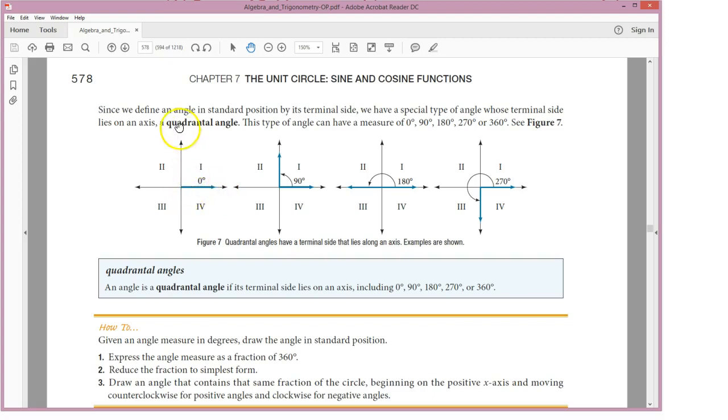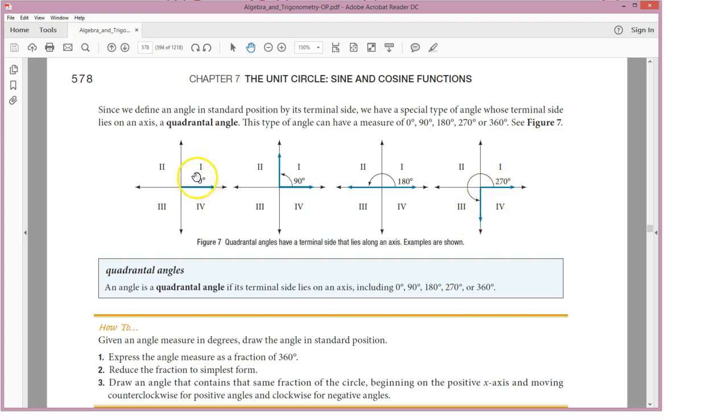So now it's called a quadrantal angle. Again, your initial side is over here, the terminal side is over here, again on an axis. So again, it's called a quadrantal angle. Here again, a quadrantal angle lying on this axis, and here again a quadrantal angle on this axis.